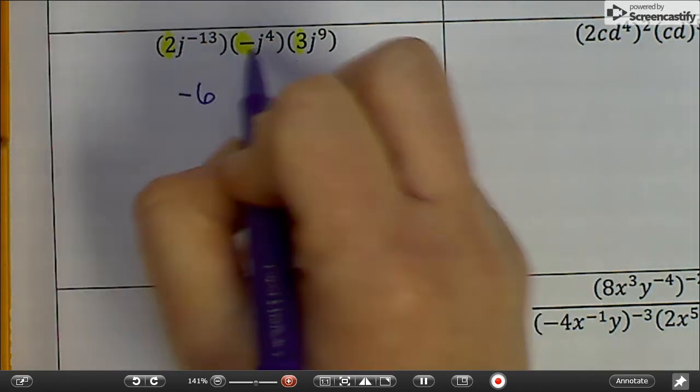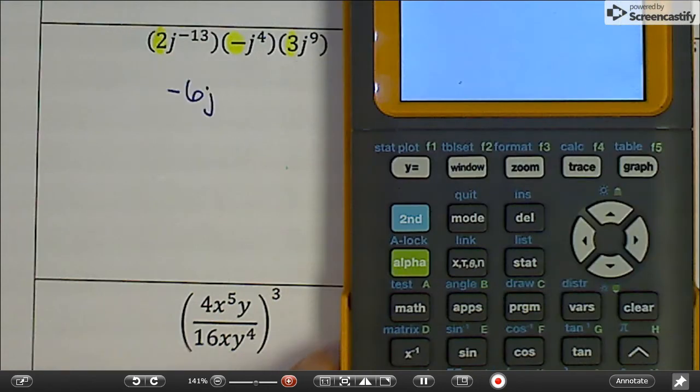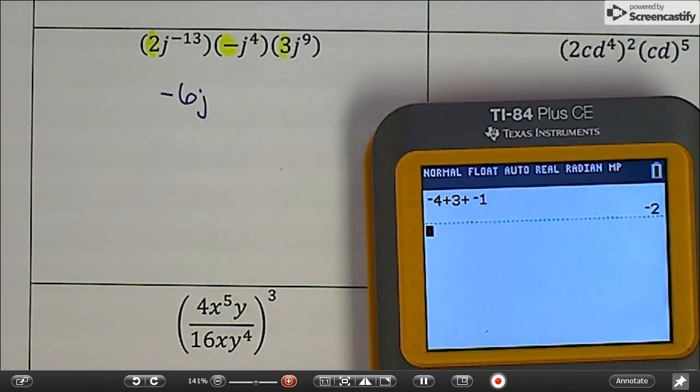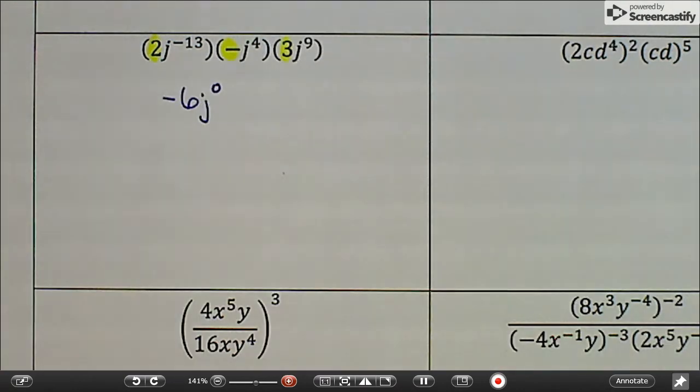We only have one variable, so we're going to add all of those exponents. We have negative 13 plus 4 plus 9, which equals 0. So we actually have negative 6j to the 0 power. Hopefully you remember what the 0 power means.